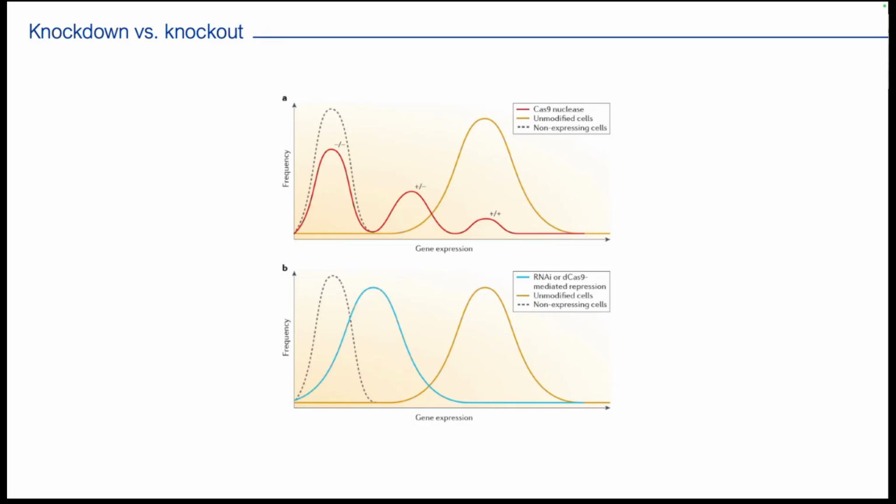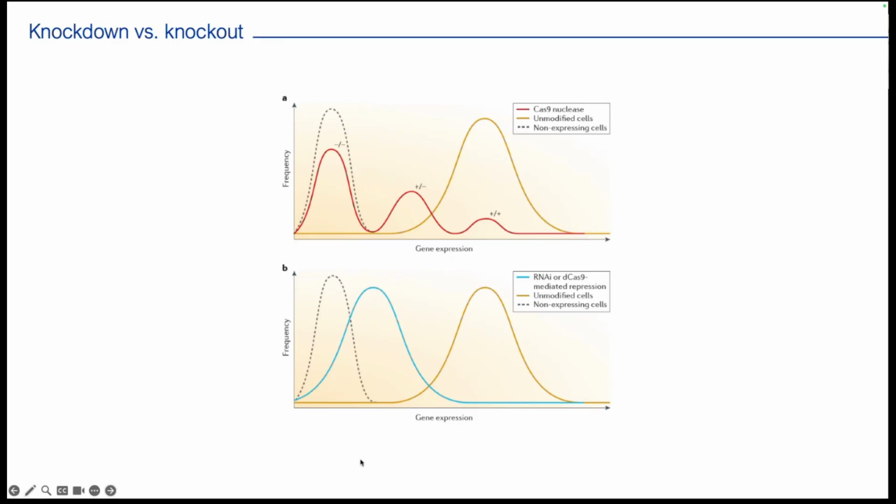When you're doing an siRNA treatment or a CRISPRi treatment, what you're doing is affecting the levels of the RNA in all cells. So you're shifting the population towards lower levels of RNA. So it's to be expected that the response to a knockout or knockdown is different.